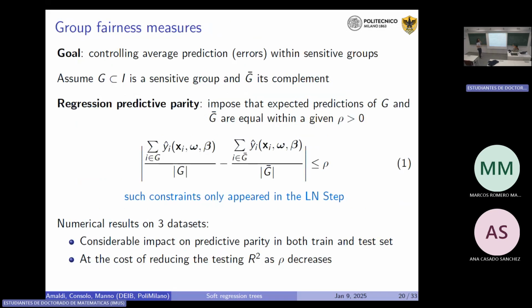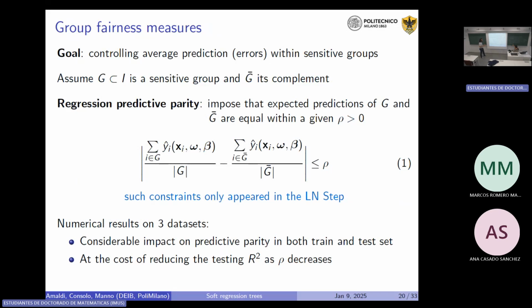The last thing that I would like to share with you is that we tried to focus on another important topic, fairness. Fairness nowadays is important, since there are biases in datasets. So there is the problem that machine learning models can amplify the bias in datasets. So we tried to see if we are able to introduce some fairness constraint in our tree. The idea is that you consider the dataset, and you have a subset of input vectors that belongs to a sensitive group based on gender or ethnicity or whatever.